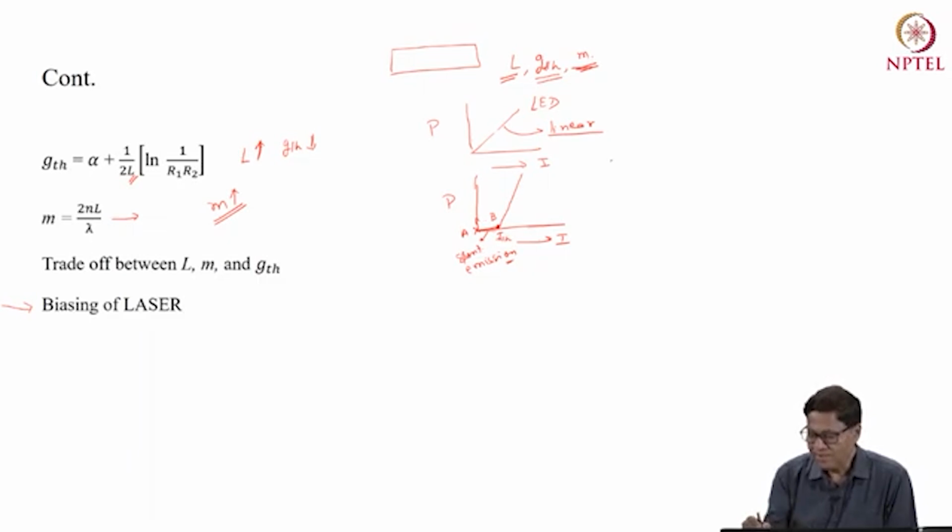So if I bias at point A, so there are two issues. In order to go from non-lasing condition to lasing condition, it will require some time. Some finite time is required.